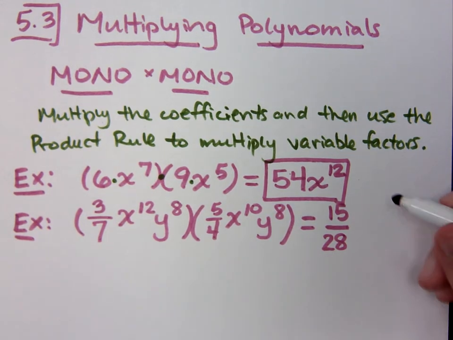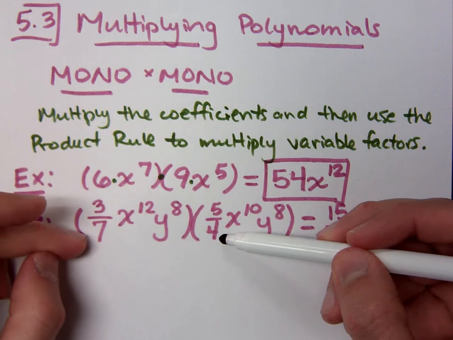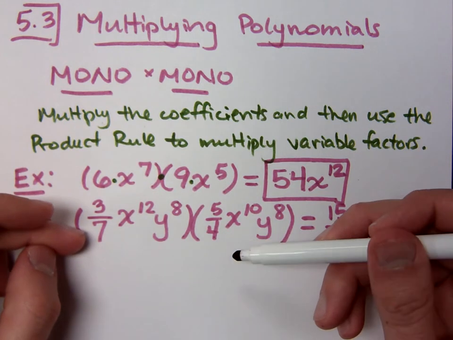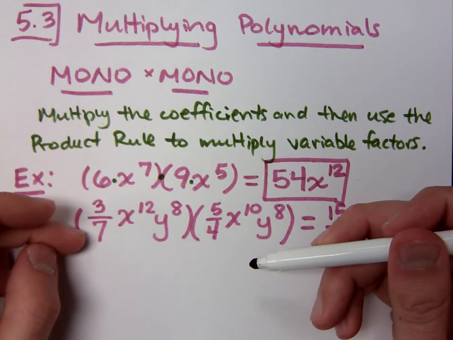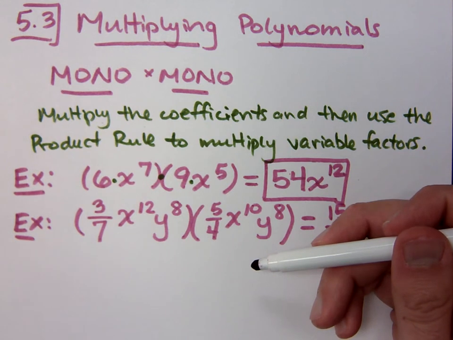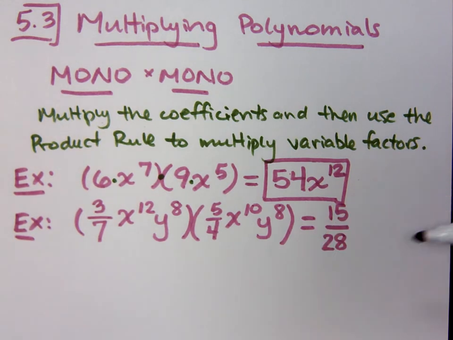So you multiply the numerators, you multiply the denominators. You get a common denominator when you have to add and subtract. Addition and subtraction is more restrictive than multiplication. If I just had 3/7 equals 5/4, that would not be true, so it would not be an equation. You could check the cross products to see if you have a proportion, which is two equal fractions.